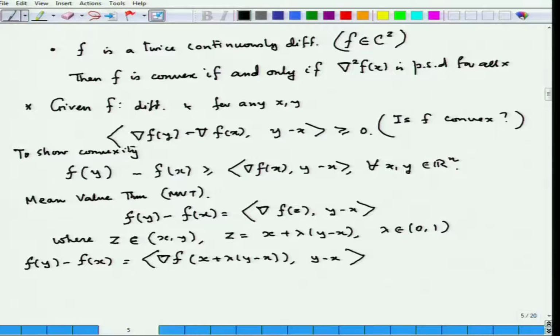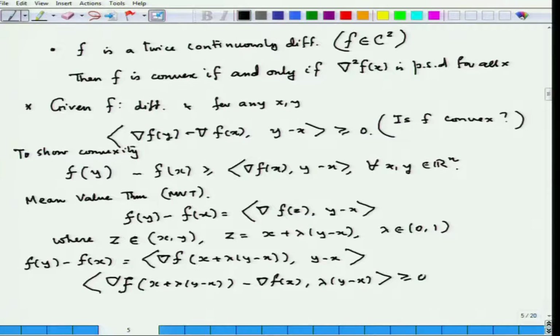So, this is nothing but greater than. If I subtract out x, now let me look into this. Now, I will use this monotonicity property. What I will do is prove the following. The gradient of f at x plus lambda y minus x, minus the gradient of f at x, into the difference lambda y minus x, by the monotonicity property has to be greater than or equal to 0.